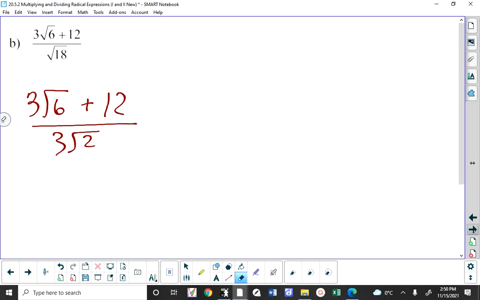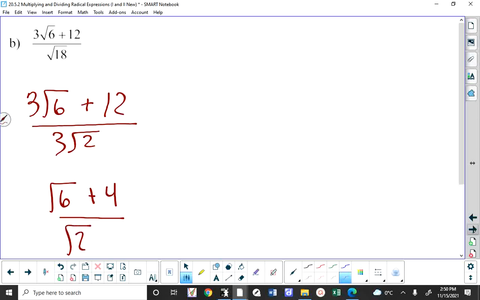I know that some of you will want to just write root 6 plus 4 over root 2. And that's correct, but I don't like seeing this. Don't do that. That's going to cause problems later. But that's what you're really doing in your head.